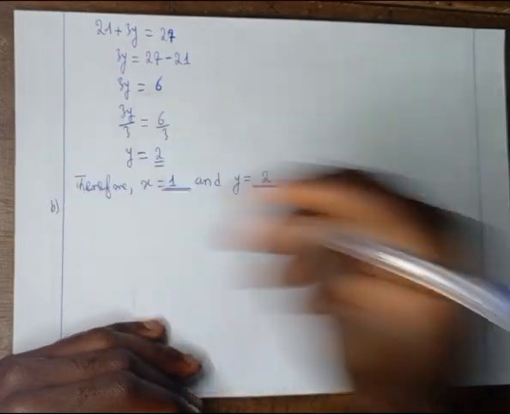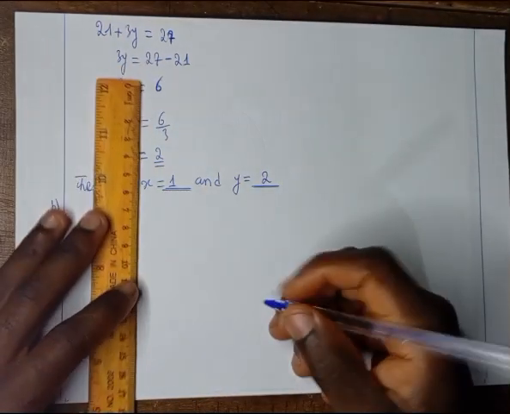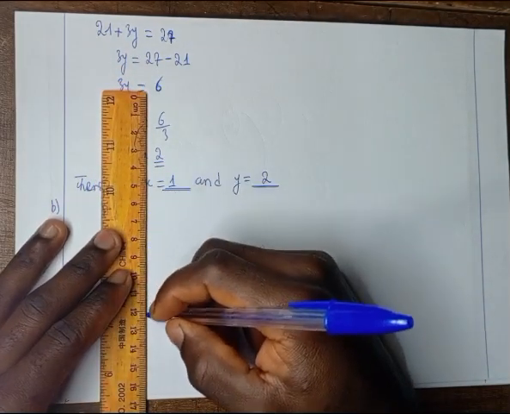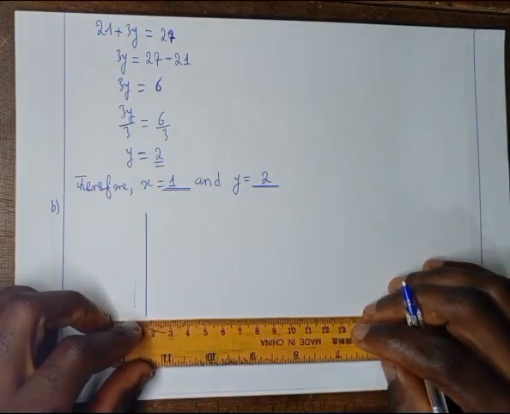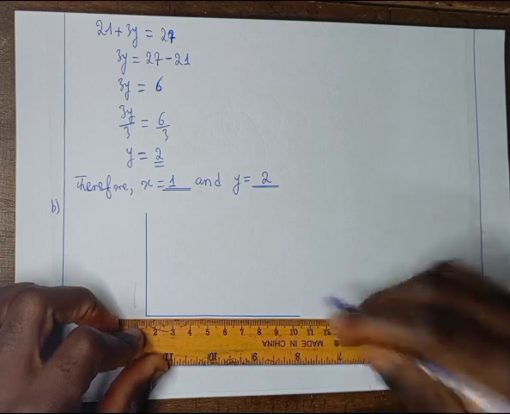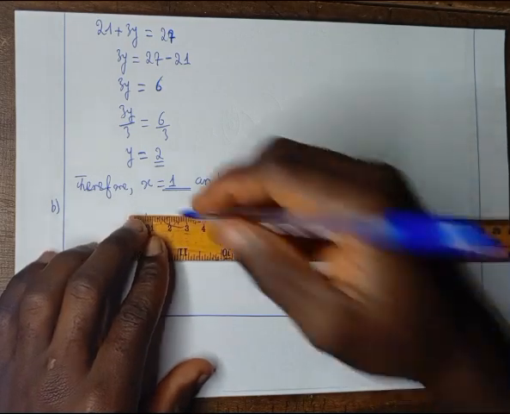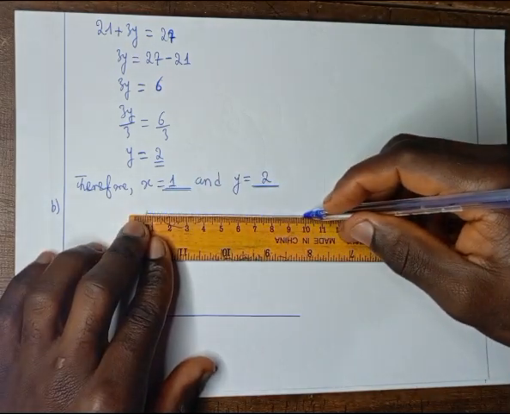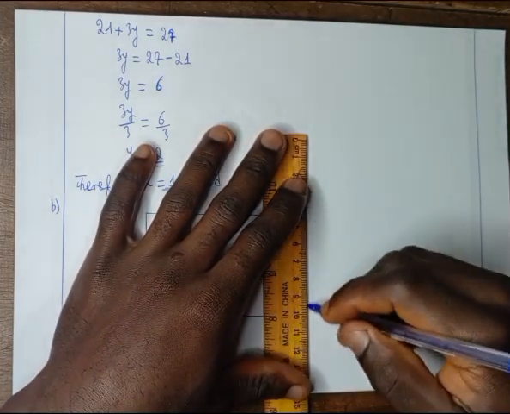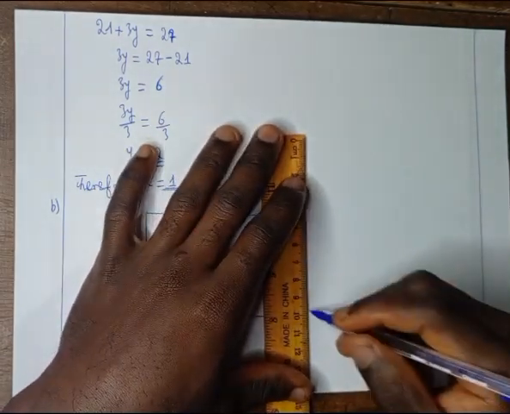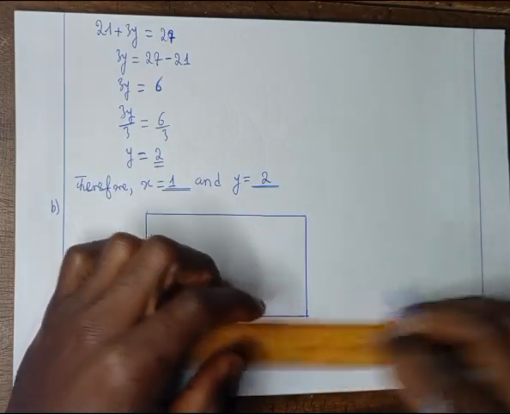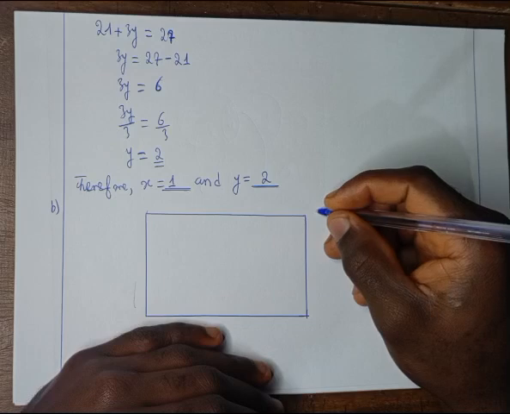Answer B. Draw the Venn diagram. This is our universal set.